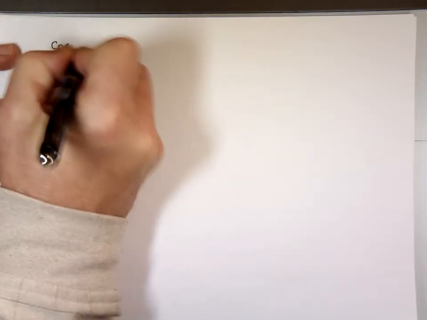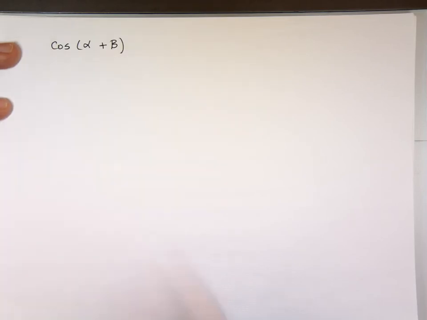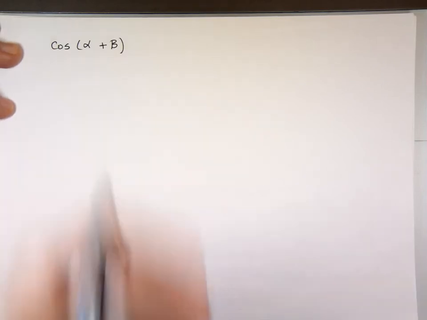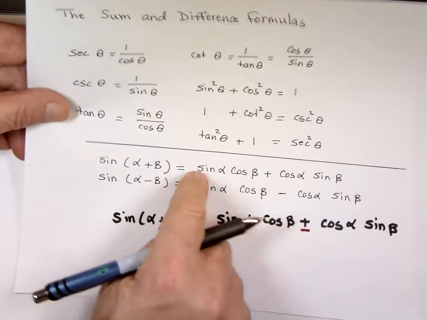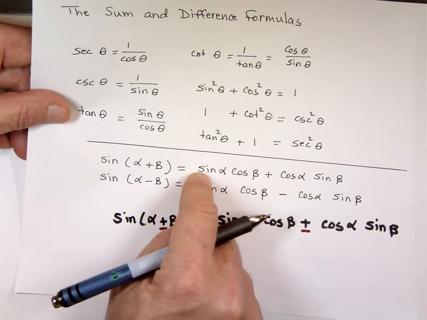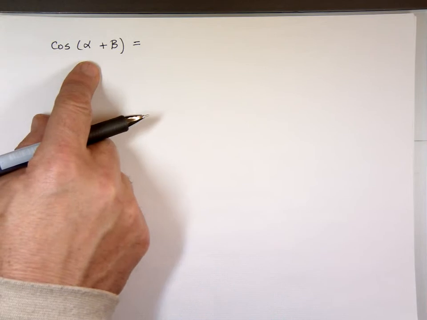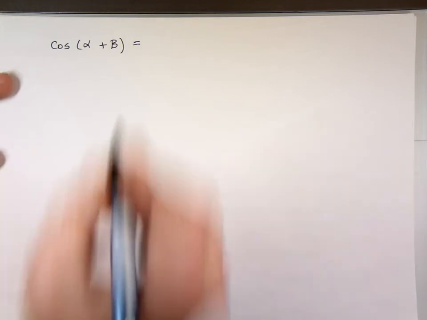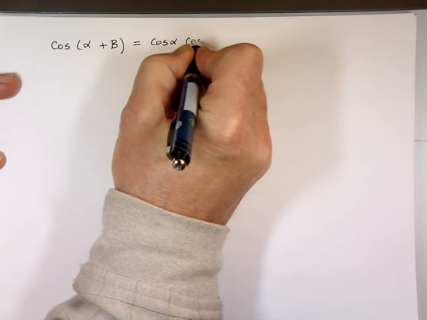Now let's look at cosine. Cosine alpha plus beta. Notice the sine here. When we have the sine, it's sine, cosine, cosine, sine. These are different. Sine, cosine, cosine, sine. For the cosine, it's different. Cosine, cosine. Cosine alpha, cosine beta.